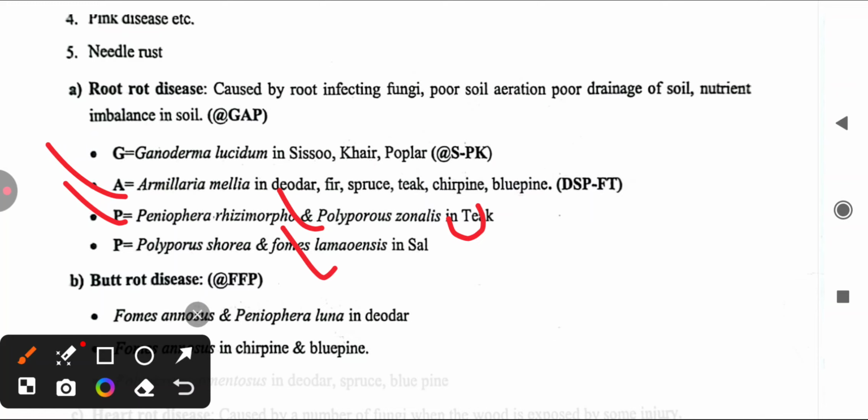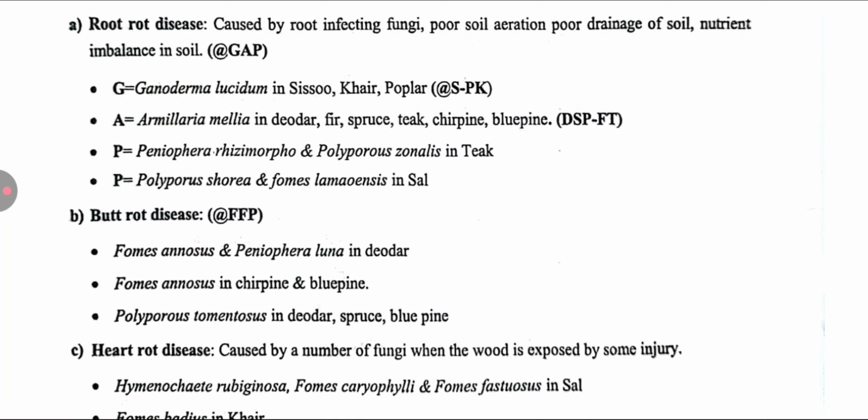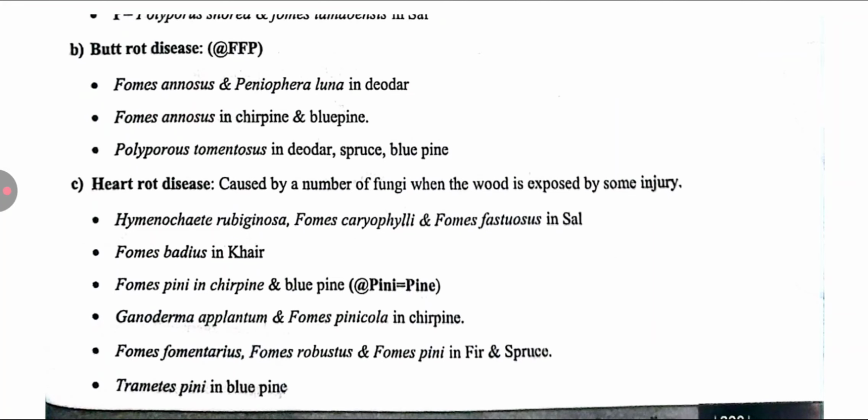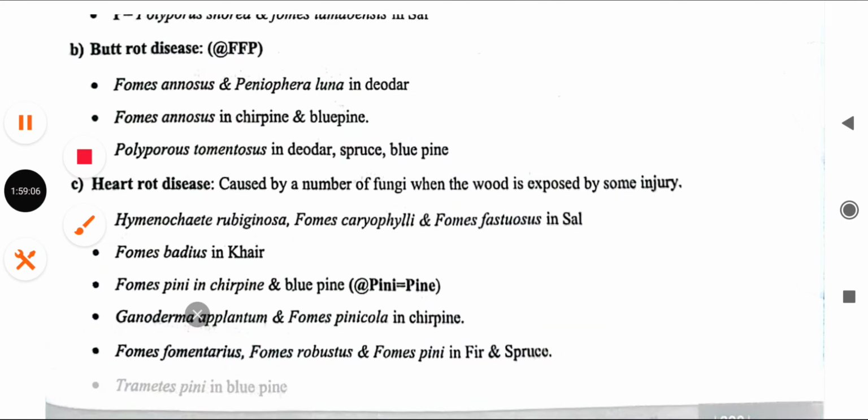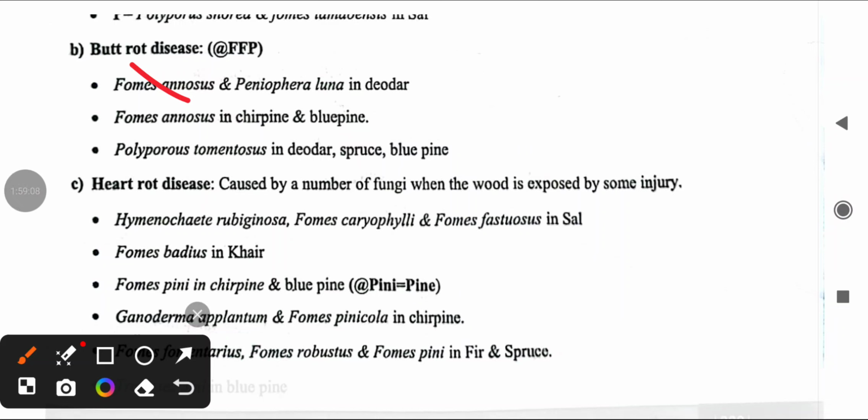Fomes lamaoensis in sal. Bud rot disease: Fomes annosus and Peniophora lunata in Deodar, Fomes annosus in chirpine and blue pine, Polyporus tomentosus in Deodar, spruce and blue pine. Heart rot disease is caused by a number of fungi when the wood is exposed by some injury.